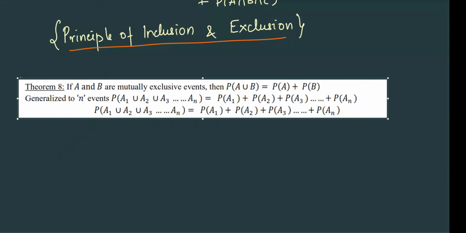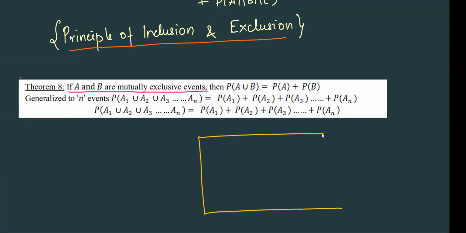Now, what is the extension of the addition theorem? If A and B are mutually exclusive events, when we say exclusive events, see from this diagram, this is the sample space, and we have event 1 and we have event 2.